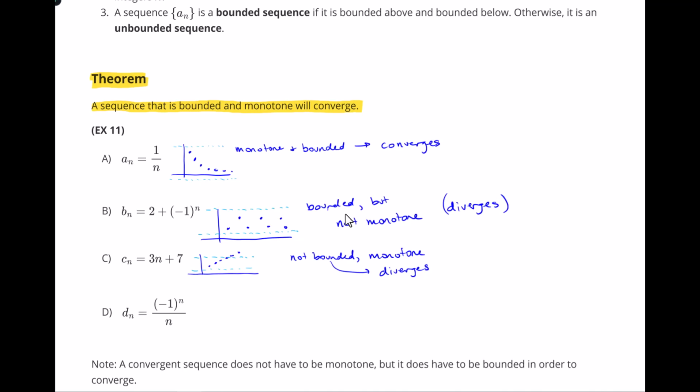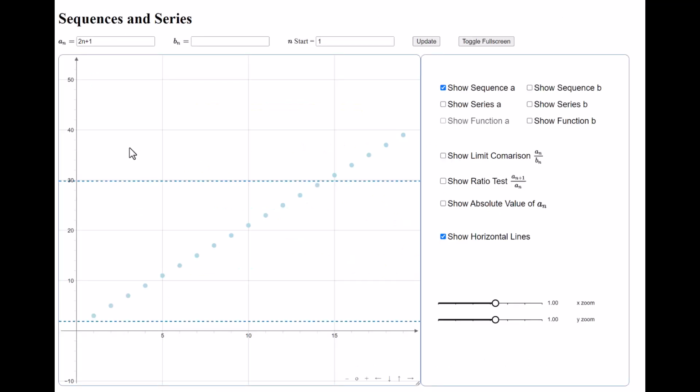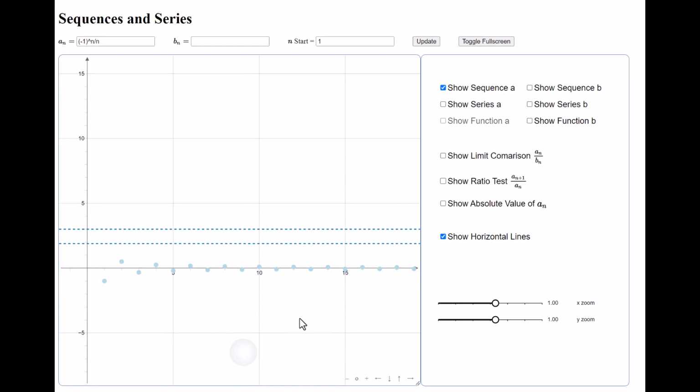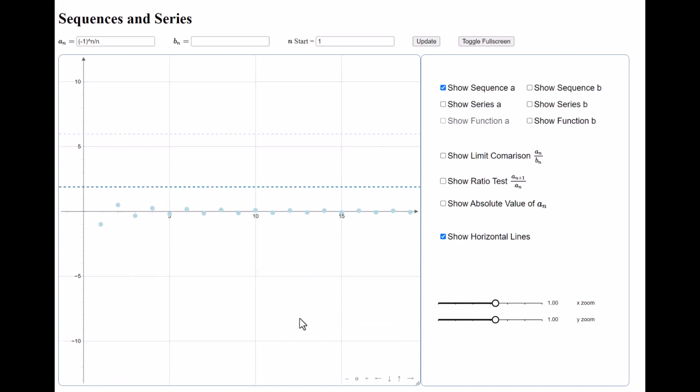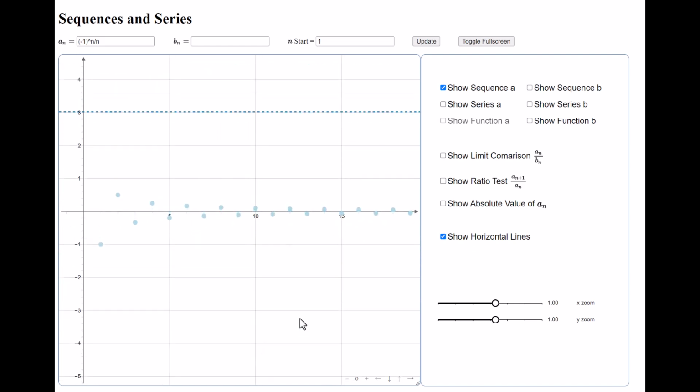All right, last one here, negative 1 to the n over n. So let's take a look at what that looks like. I have negative 1 raised to the nth power divided by n. And I guess I'm going to have to reset my scale here. Let's bring this line down and zoom out this way. That way we can get a good picture of this.